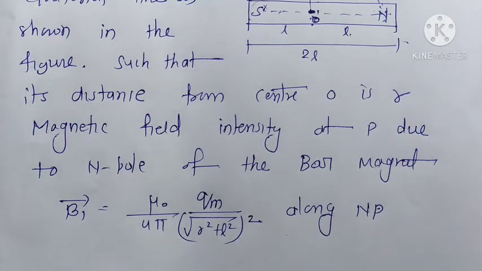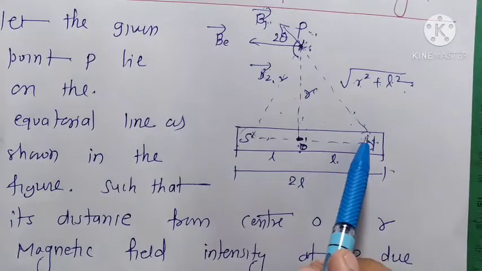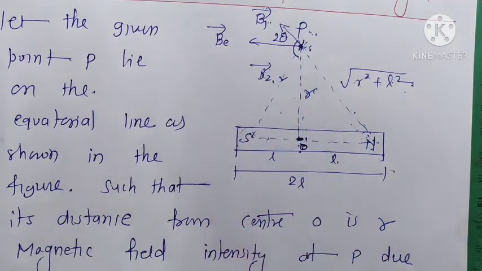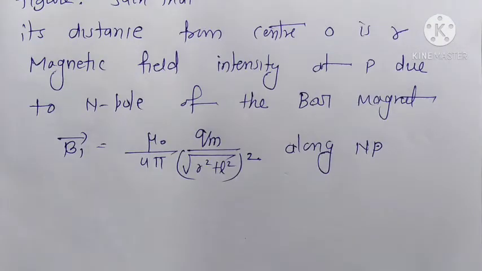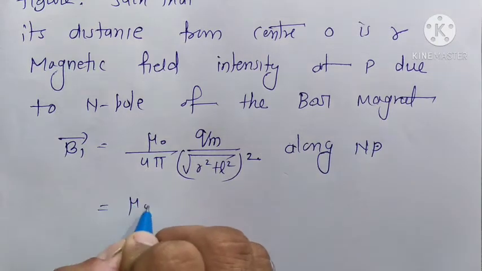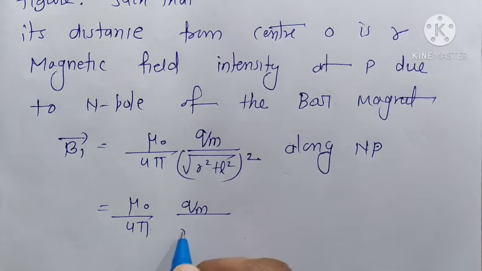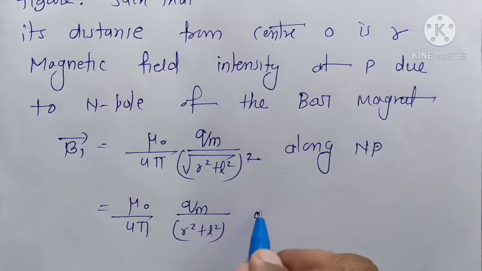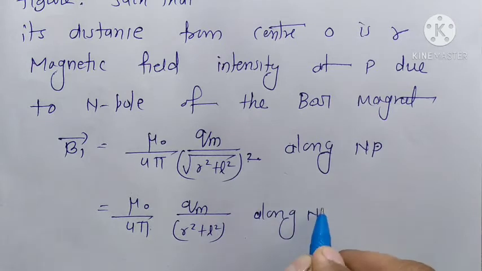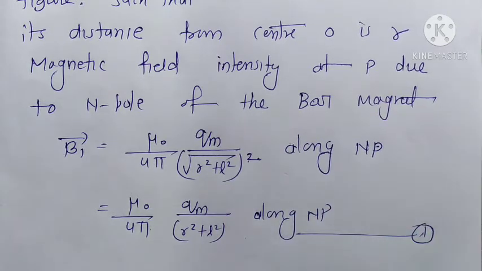Along which direction? Along NP, in this direction. So mu naught by 4 pi, qm by R square plus L square, along NP. This is equation number 1.